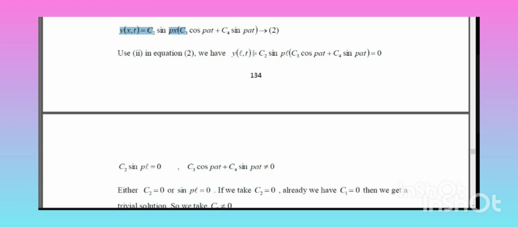0, sir. Very good. So y of x comma t is equal to 0. So next, we cannot apply the third equation and fourth equation.